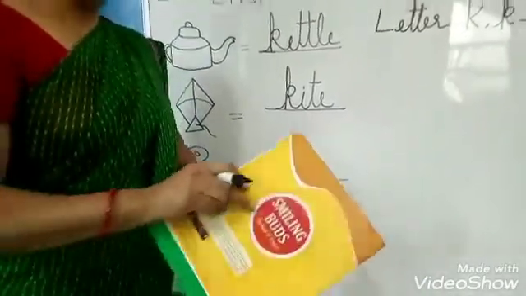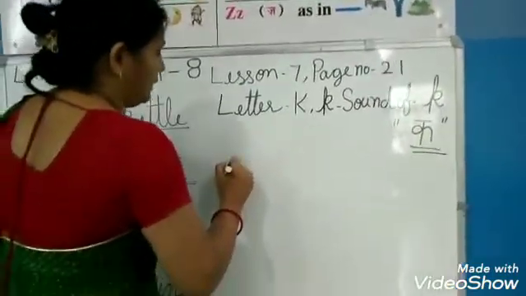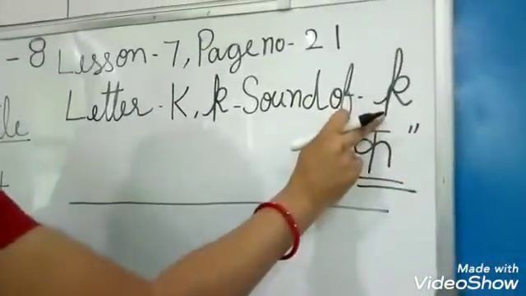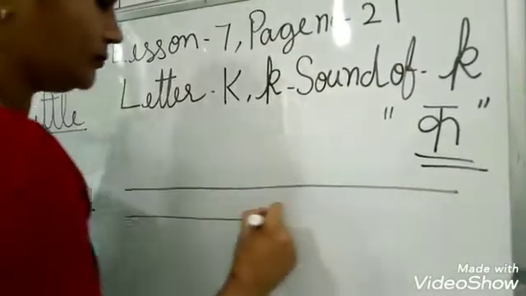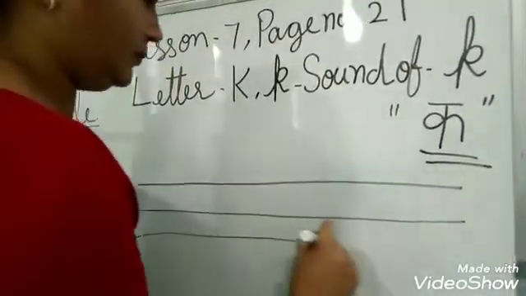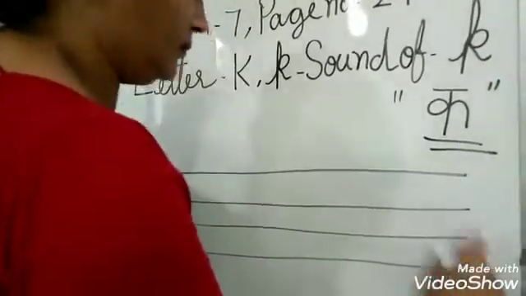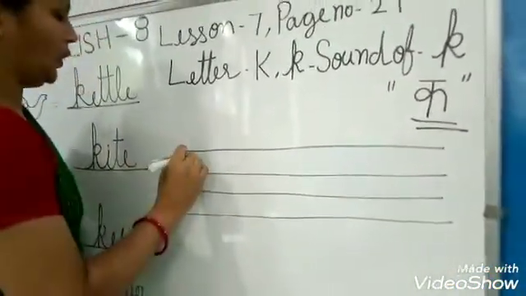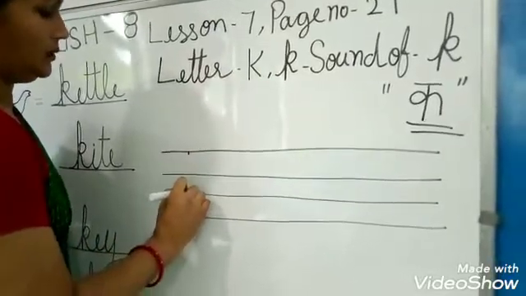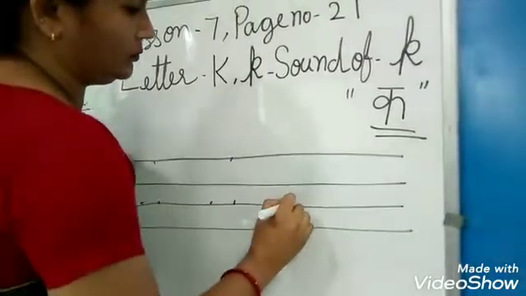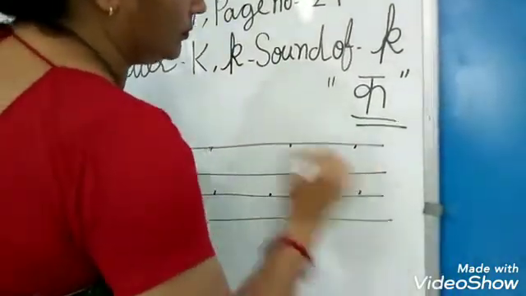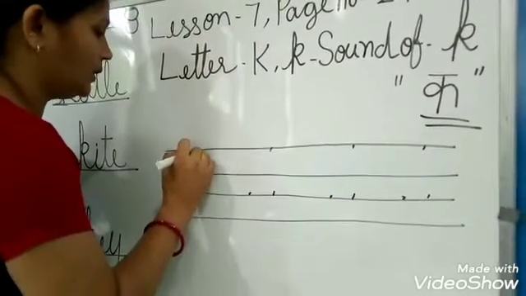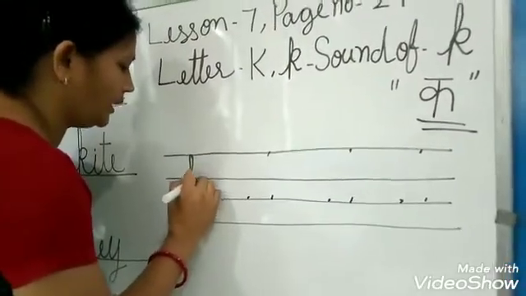Okay children, so now we will write letter K. Okay children, now we will write letter K. Children, go up, go down, and go up.